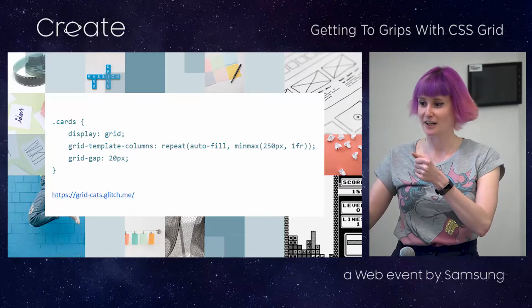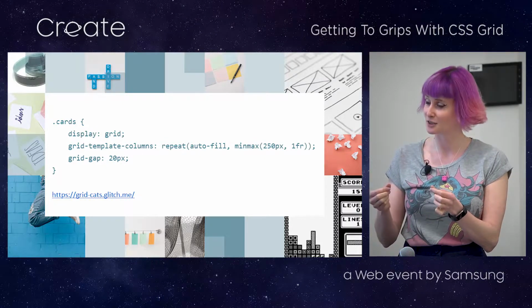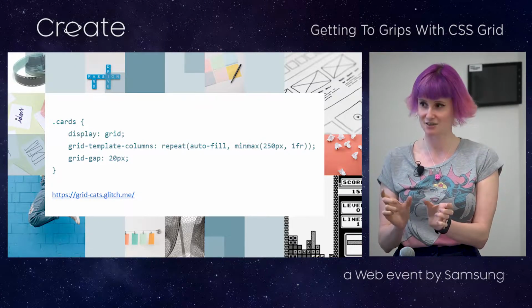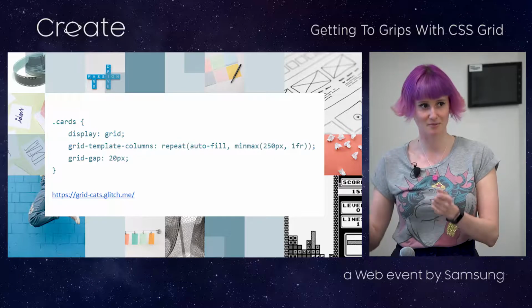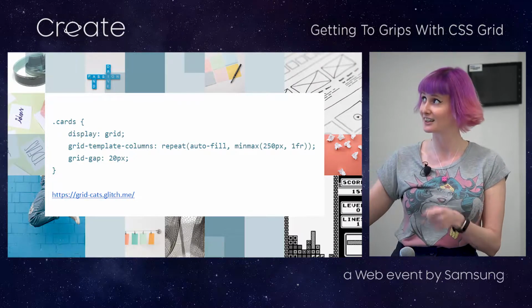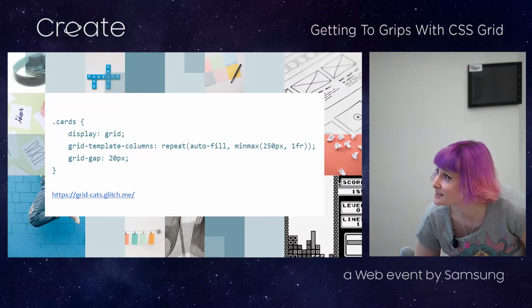As the screen gets wider, that image is going to get wider till the point where another 250 pixel image could fit next to it. And then we'll end up with two columns. As we get wider, once we get to the point where another 250 track can fit in there, we're going to have three columns. Let's see.